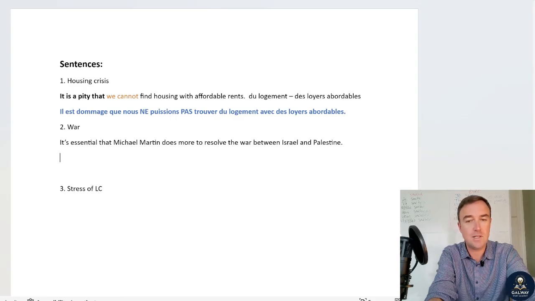Okay, let's translate it into French. So we have il est essentiel que, that is our subjunctive clause. Now we have Micheál Martin. Il est essentiel que Micheál Martin. Now I have the verb faire. That needs to be in the subjunctive. Fasse plus, does more.